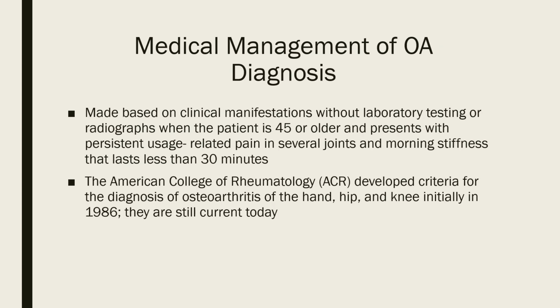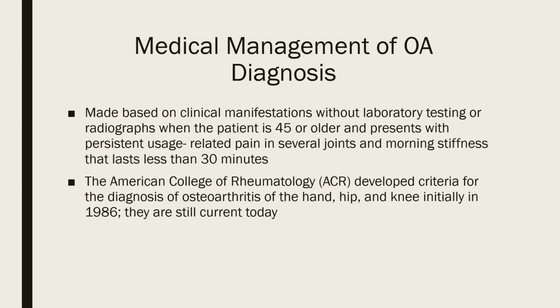So, diagnosis is made based on clinical manifestations without laboratory testing or radiographs when the patient is 45 or older and presents with persistent usage related pain in several joints and morning stiffness that will last less than 30 minutes.